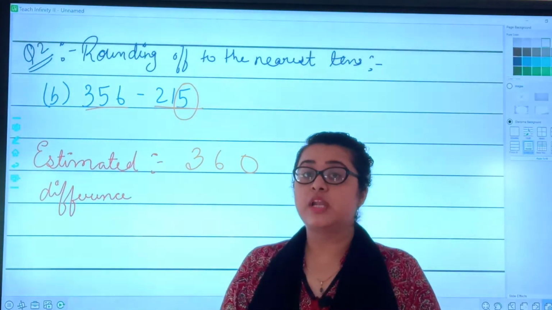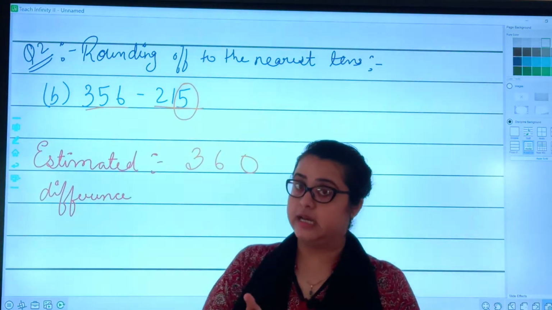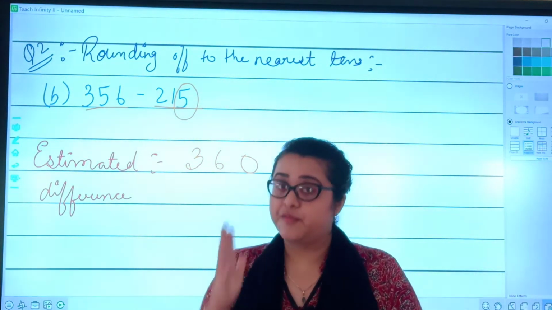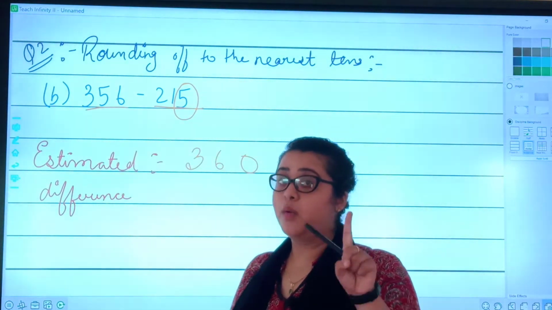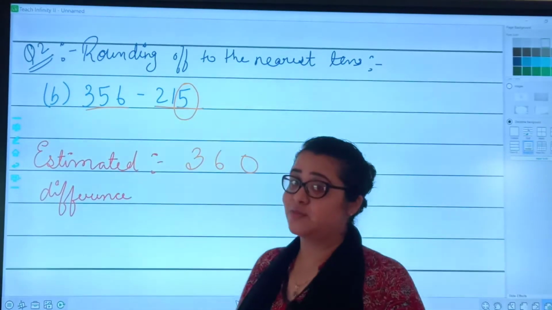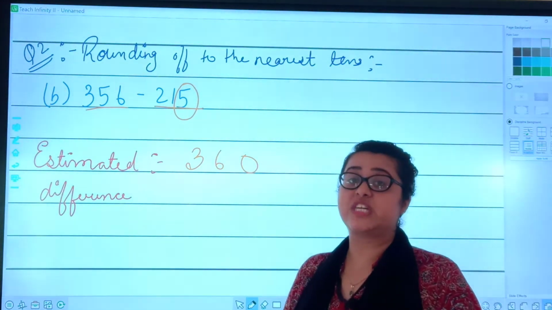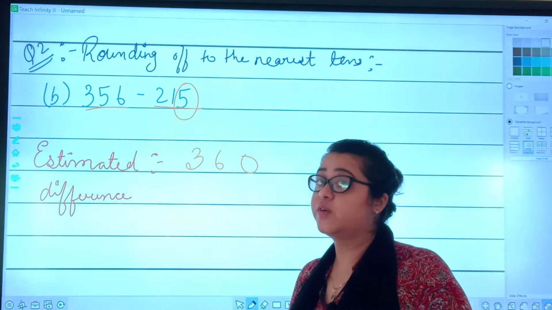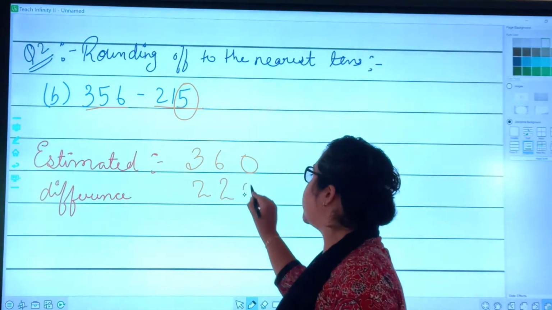What was the rule? If the digit is less than 5, then it will be deducted. If the digit is 5 or greater than 5, 1 will be added to the tens place. So, what will be my round off of 215? My rounding off of 215 will be 220.